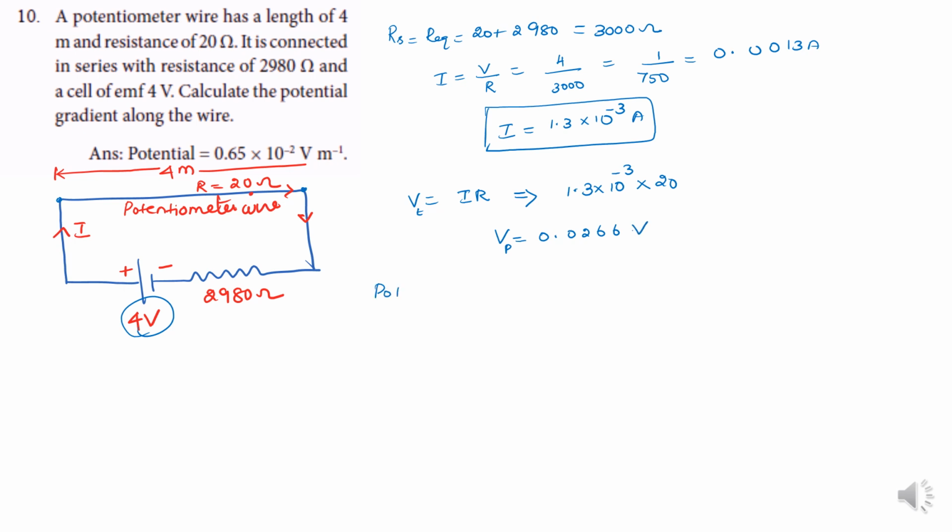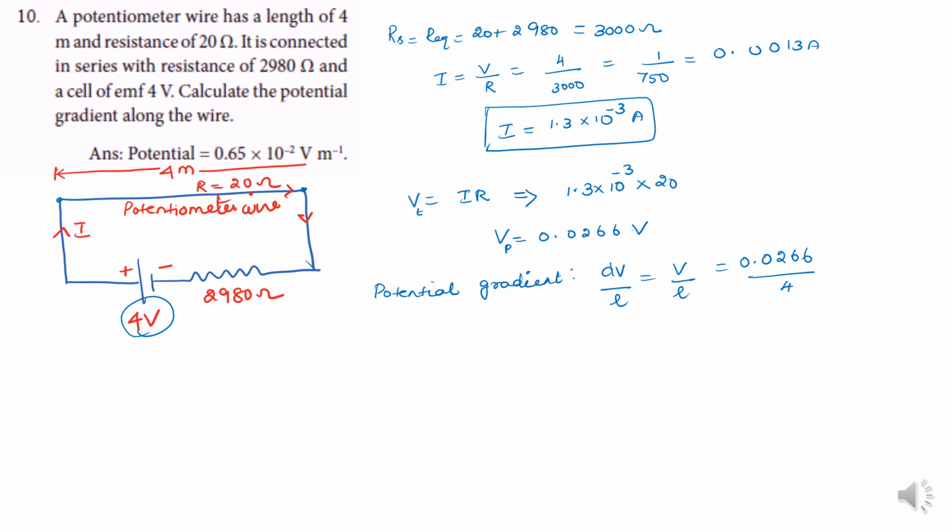Potential gradient, what is gradient? The potential is changing along the length, so the difference in potential by L, that is V by L. 0.0266 divided by the total length of the wire, which is 4.